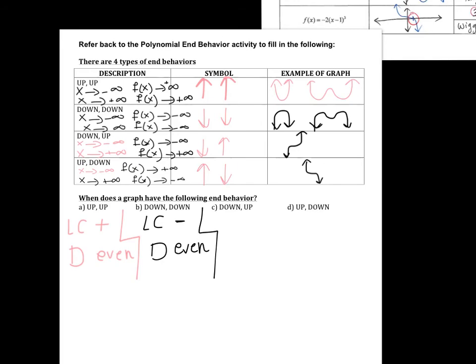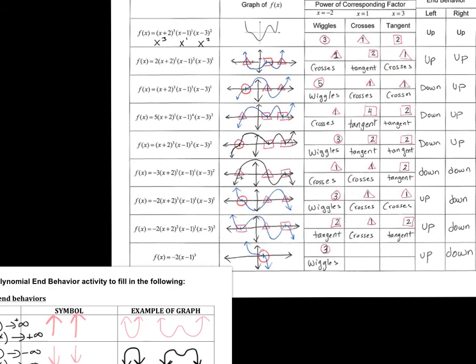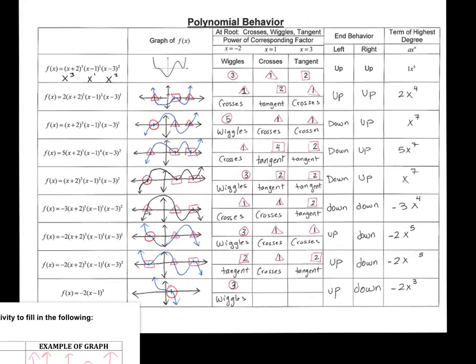Okay? When do you have a down up end behavior? Down up. All of these. So let's look at the term with the highest degree. So positive, positive, positive. So the LC is positive and the degree is odd.